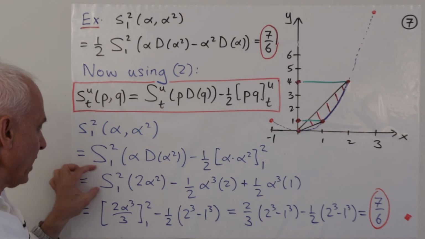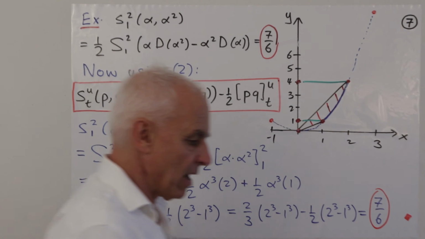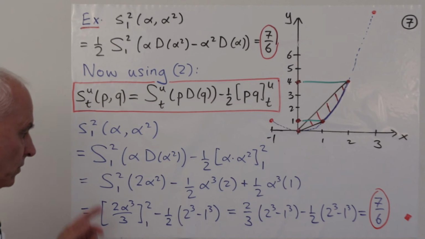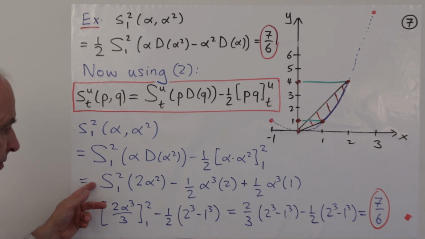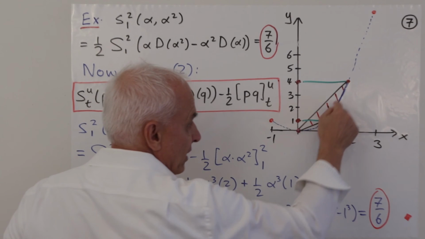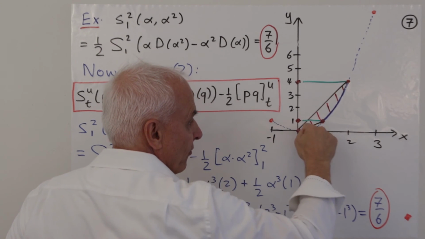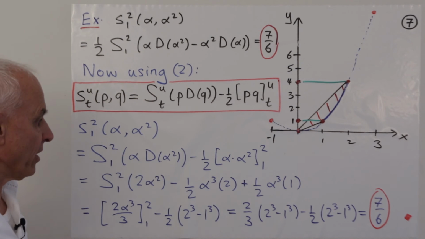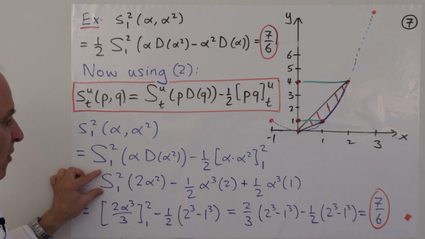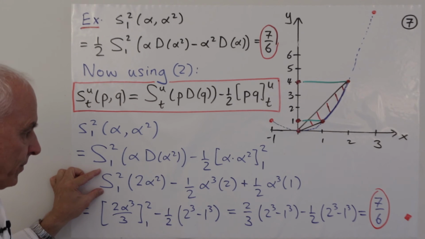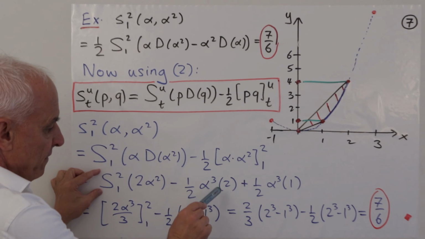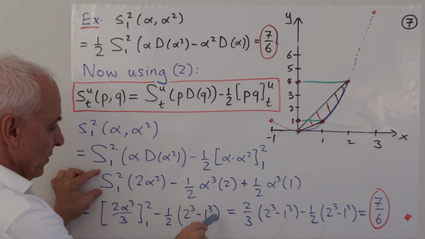But now we want to have a look at this intermediate line and interpret what's going on here. So we're still evaluating this red area subtended from the origin, but now we're expressing it in the following form. What are the ingredients here? Well, there's 1/2 alpha cubed at 2.